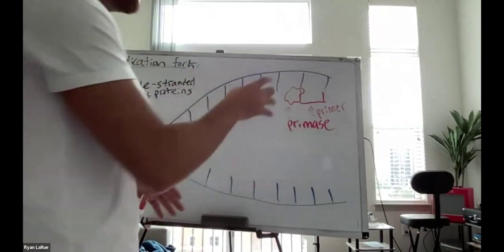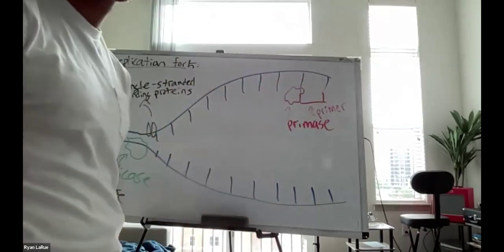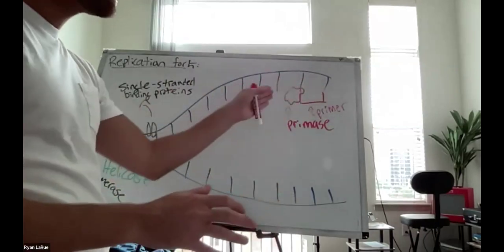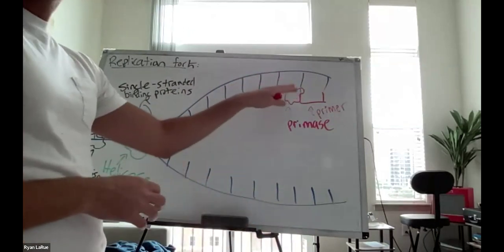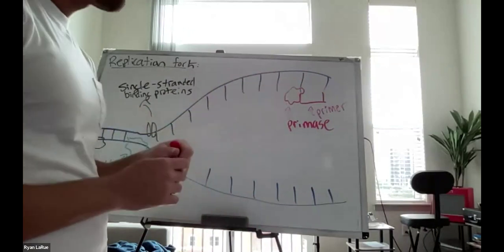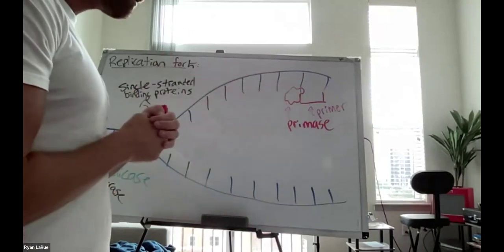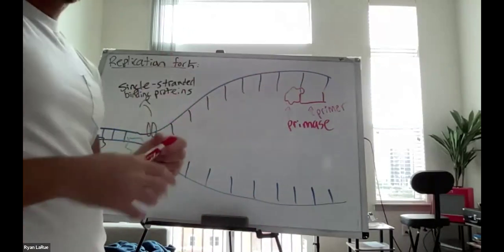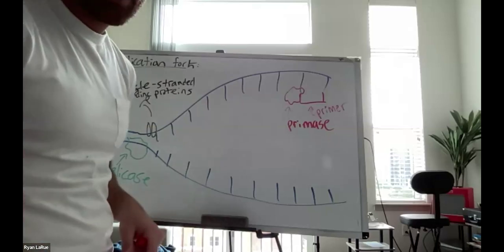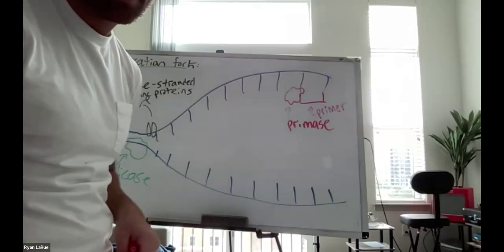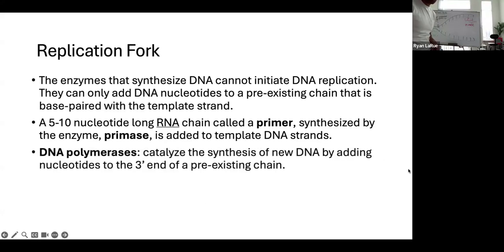These enzymes, they can't just add these nucleotides from scratch. They can only extend from pre-existing nucleotides, right? So the next thing that's going to happen is DNA polymerase, which is really our main enzyme here.